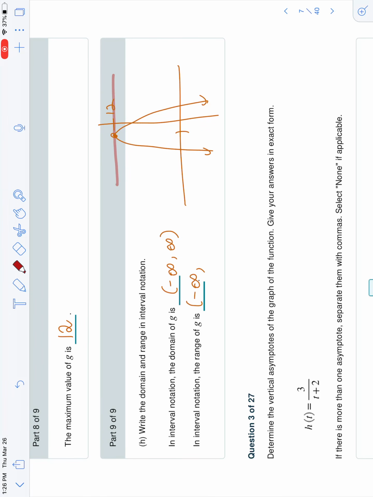So you can say -infinity for the first position, but notice the highest point that this graph is going to touch is 12. So the y-coordinate will be 12. The highest point will be 12, but because we have a point at 12, make sure you draw a square bracket.